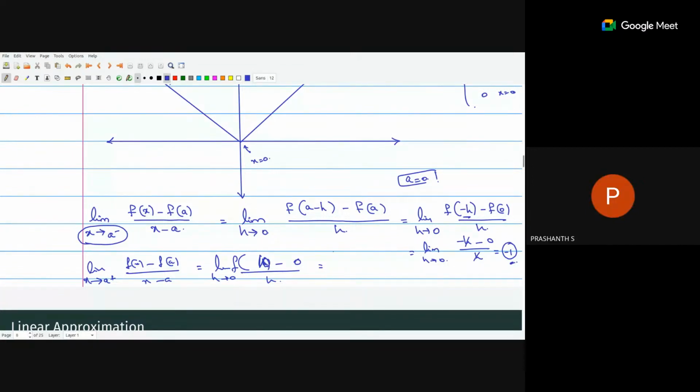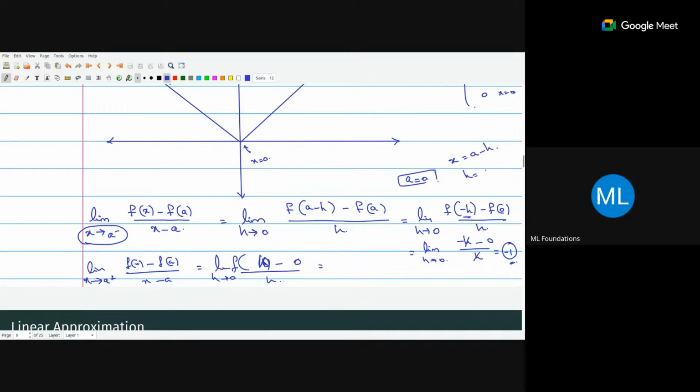No, sir. In the previous limit, on the left, the denominator should be minus h. Yes, sir. Numerator will be plus h. Then you get minus 1. Mod x is an even function, so the values inside are the same. So here, I have replaced x with a minus h, okay?